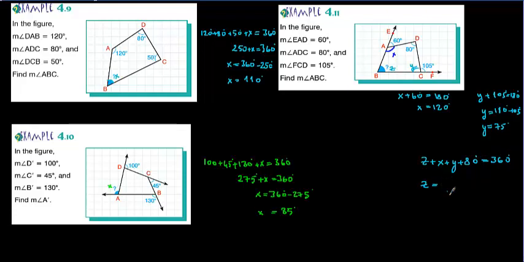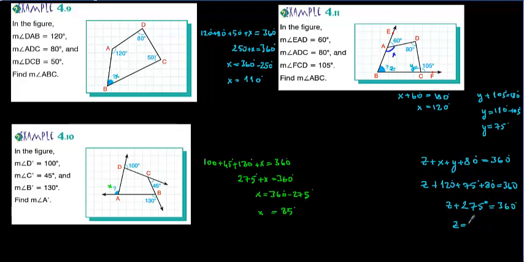z plus 120 plus 75 plus 80 degrees is equal to 360 degrees. z plus 120 plus 75 is going to be 195. 195 plus 80 is going to be 275. 275 plus z is equal to 360 degrees.